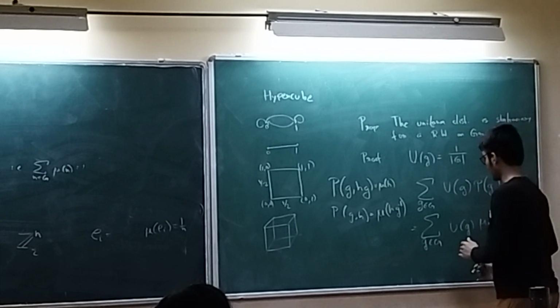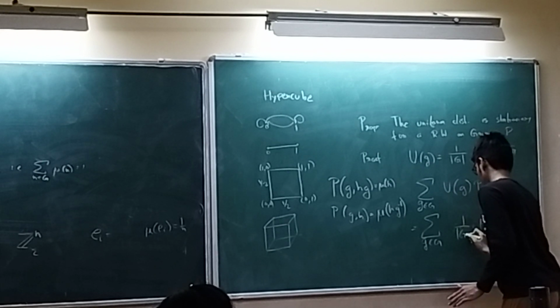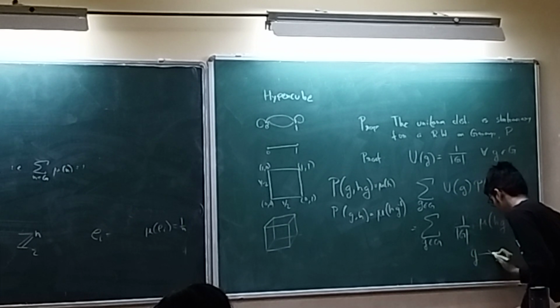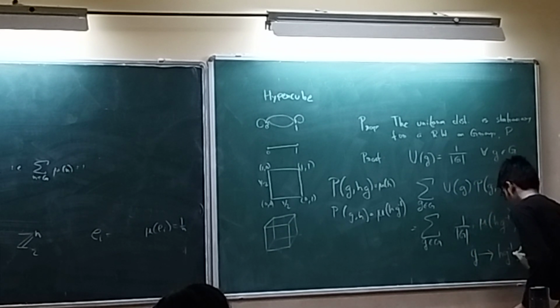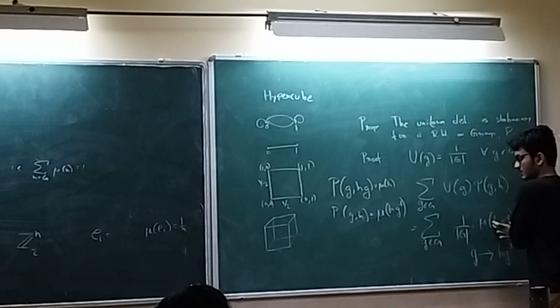What is U of g? So let's just replace this. U of g is 1 by the size of G. Now from g to g inverse h, this is a bijection. Now if this is a bijection, then I can replace this by g again. Is it clear? Because we are just summing over all g's.